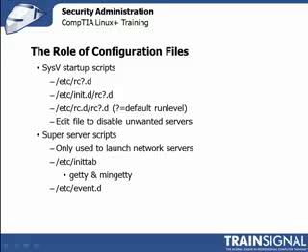The first, as you already know, are sysv startup scripts. And they exist in directories like /etc/rc?.d or /etc/init.d/rc?.d, or even /etc/rc.d/rc?.d. And the question mark again refers to the default run level.